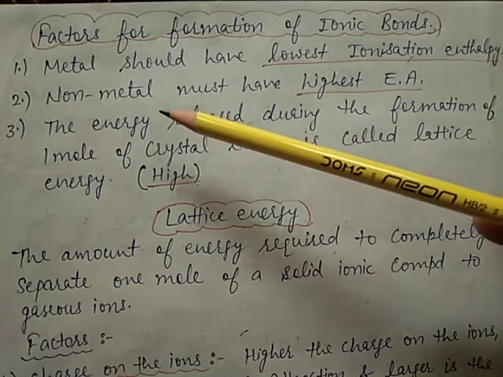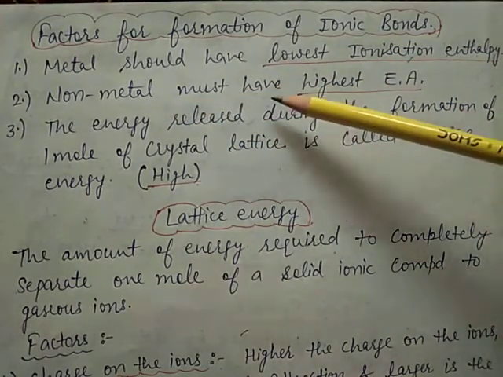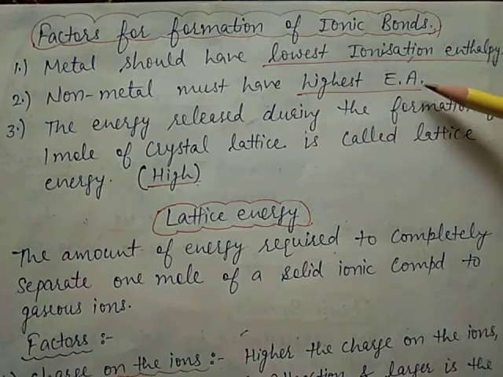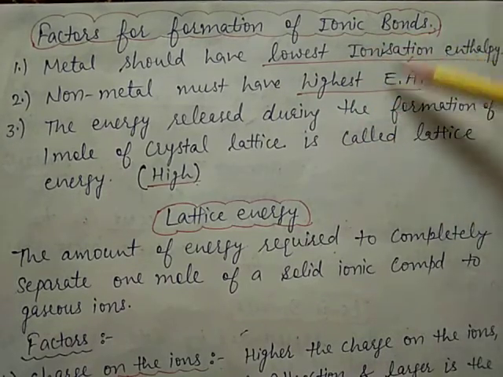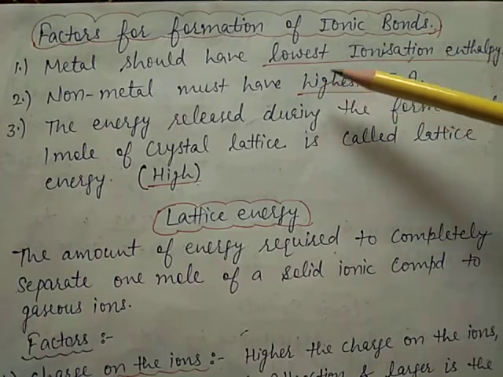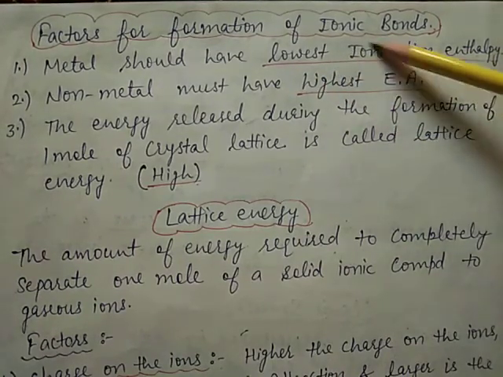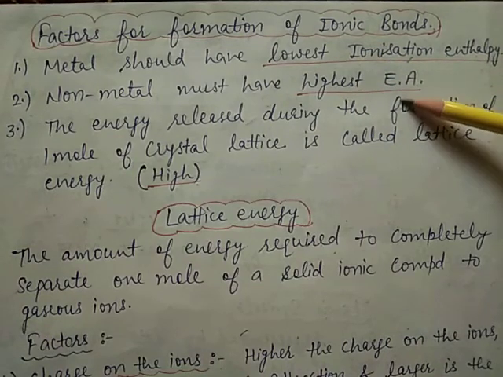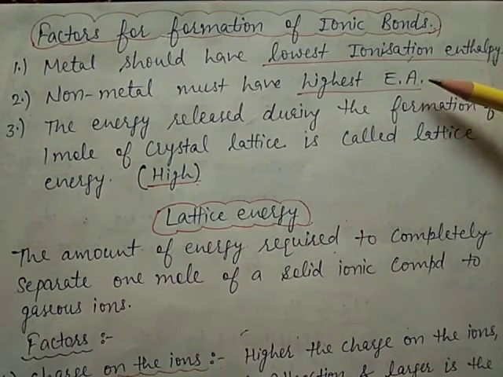So greater is the tendency to form the ionic bond. Now the next point is that non-metals must have the highest electron affinity, meaning the highest electron gain enthalpy. What do you mean by electron affinity or electron gain enthalpy?